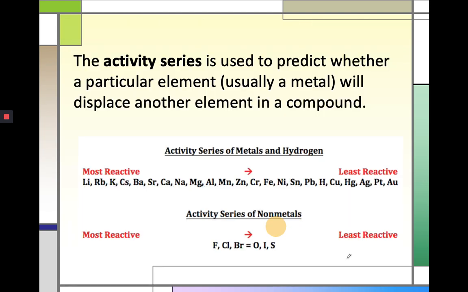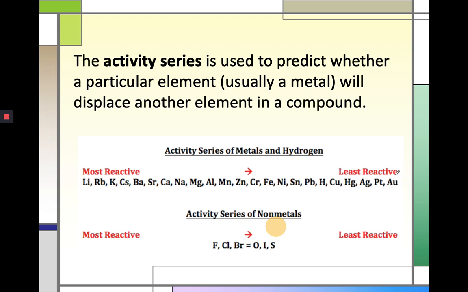How do we know that a certain free element will be able to displace another in a compound? We usually look at the activity series, which is used to predict whether a particular element or metal will displace another element in a compound. Here we have the listing of the elements according to their activity. From the left are the most reactive, and to the right are the least reactive.